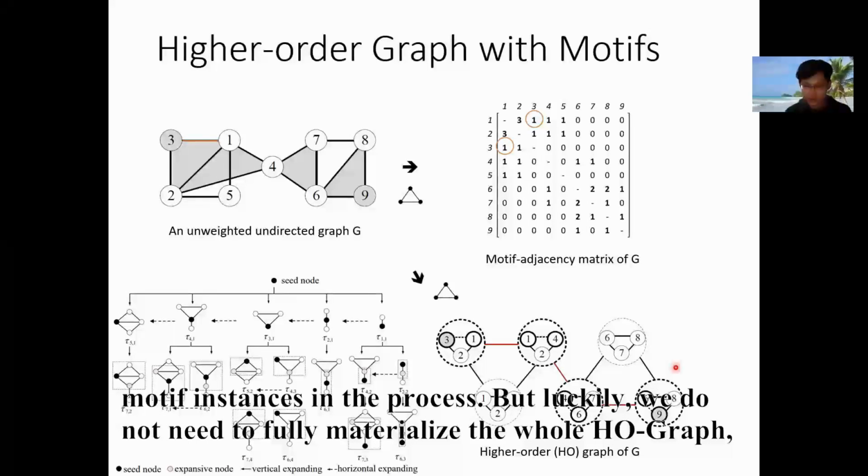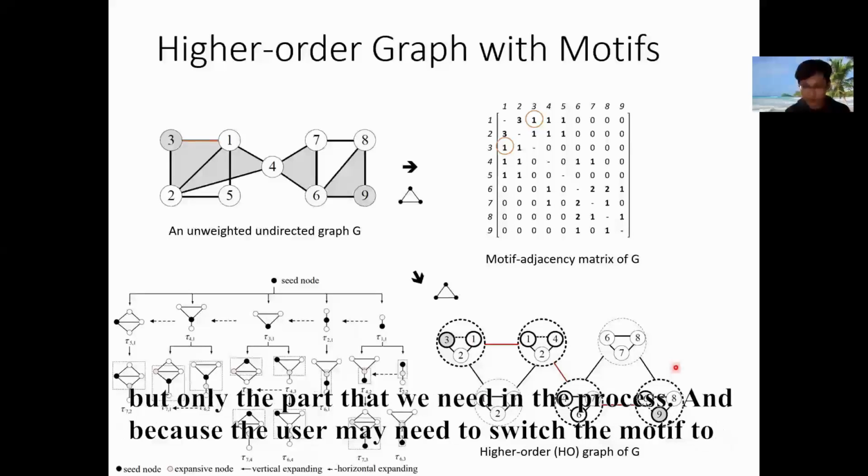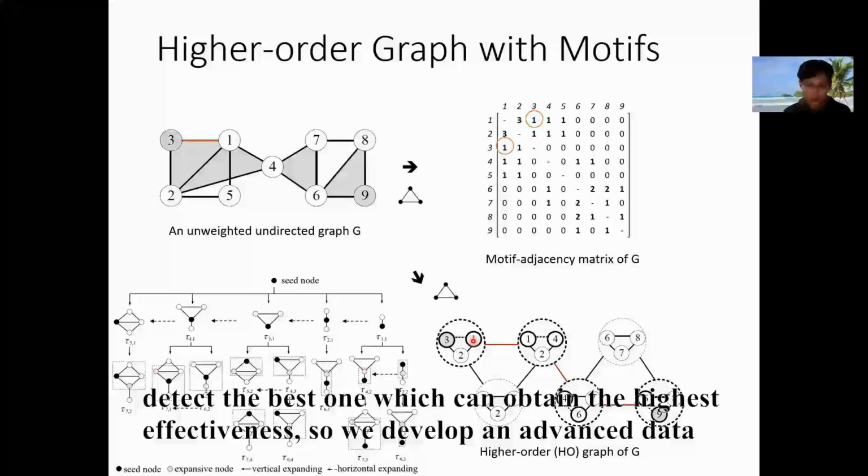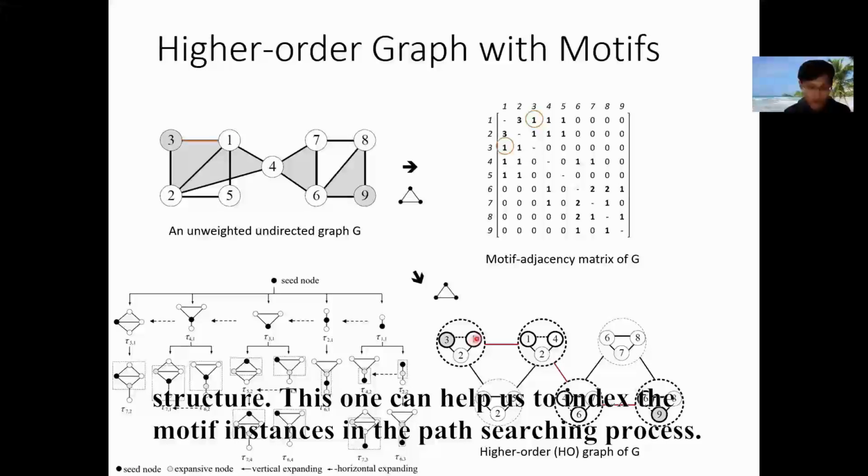But luckily we do not need to fully materialize the whole initial graph, but only the part that we need in the process. And because the user may need to switch the motif to detect the best one which can obtain the highest effectiveness, we develop an advanced index structure.